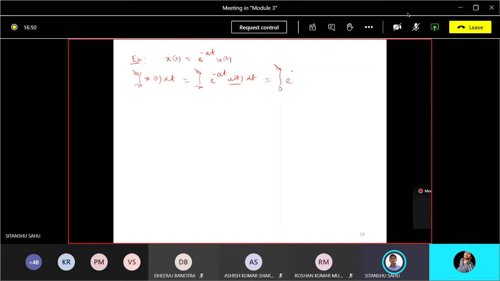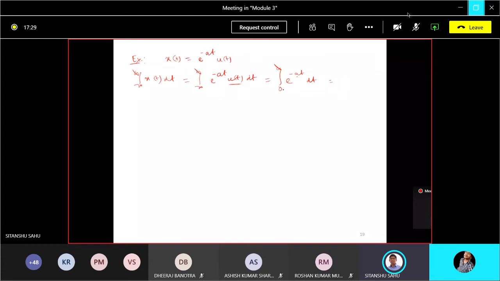Then we write e to the power minus at dt. If a is less than 0, then negative of negative becomes positive, so it becomes e to the power at.